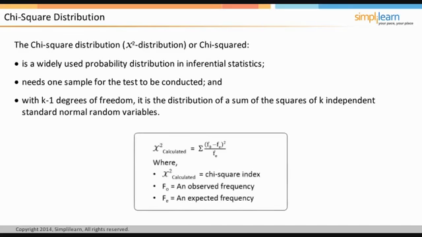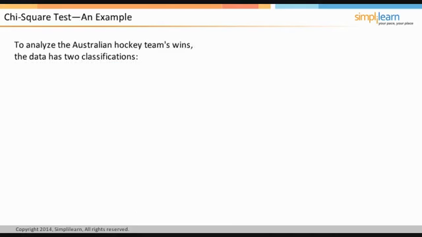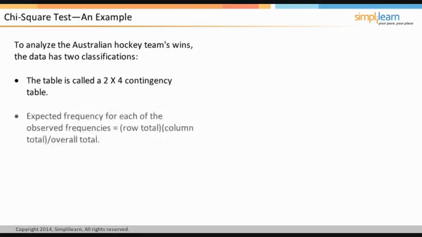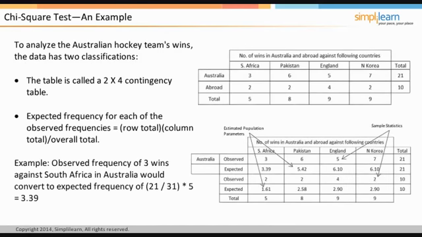The formula for chi-square distribution is shown on the screen. It is important to note that f of O stands for an observed frequency, and f of E stands for an expected frequency. The next screen will explain chi-square test through an example. Suppose the Australian hockey team wishes to analyze its wins at home and abroad against 4 different countries.